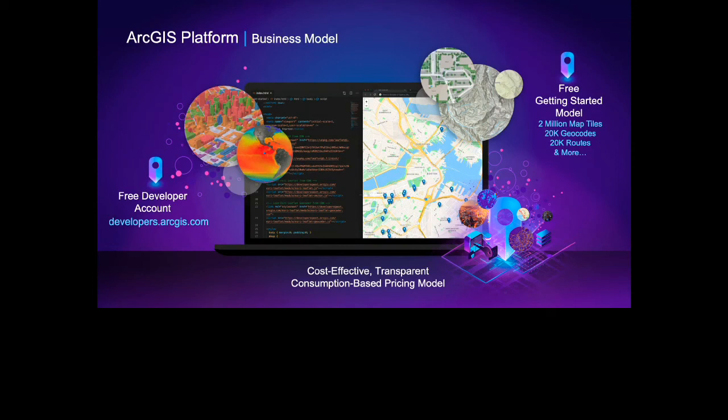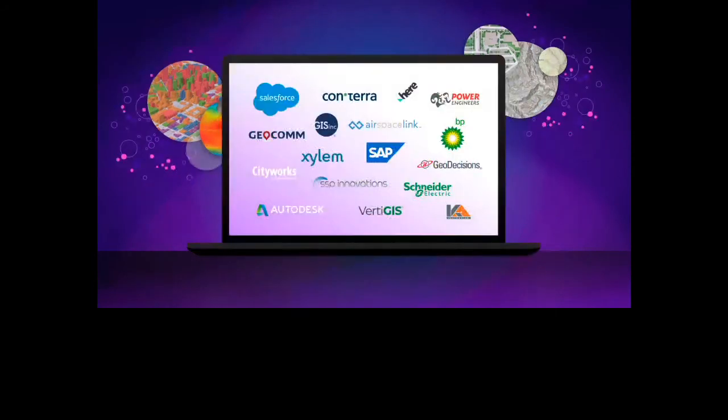And you'll find our consumption-based model to be transparent and easy to use and understand, because you'll only pay for what you use. And here are some of the early adopters, like SAP and Salesforce, who've already begun to use the ArcGIS platform.